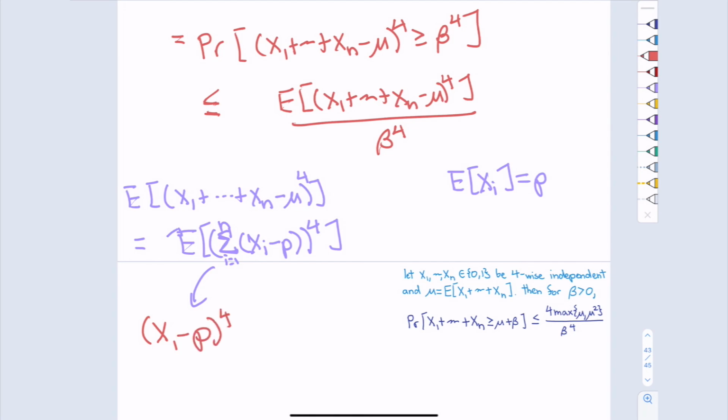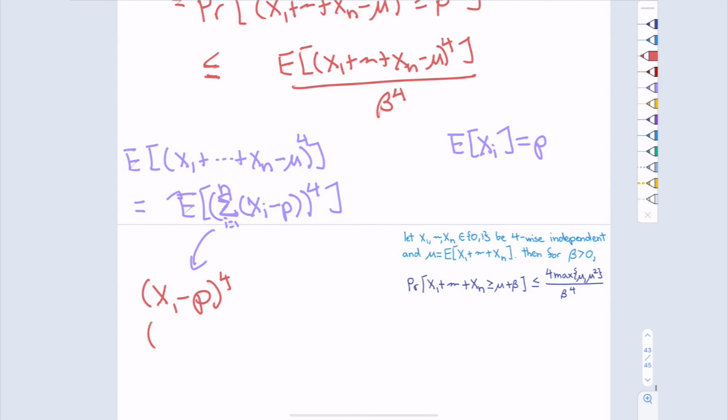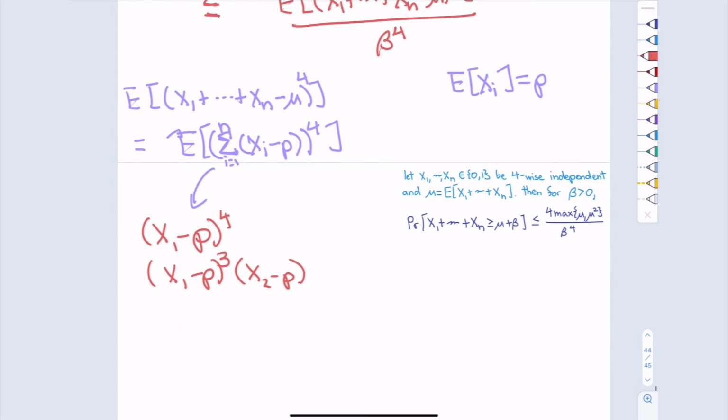Another one might be x1 minus p cubed, x2 minus p. Another might be x1 minus p squared, x2 minus p squared, with different coefficients in front, like 4 choose 2, 4 choose 3, etc.